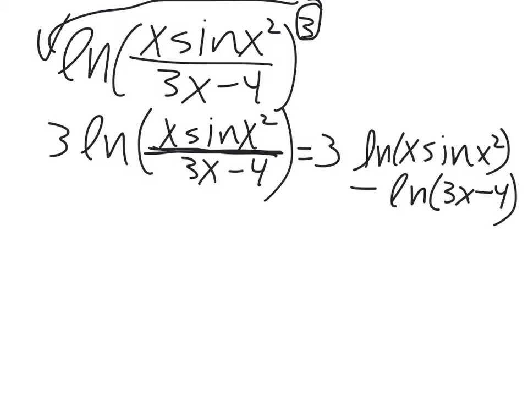Now, one thing you have to be very careful with: that 3 out in front needs to be multiplied by the whole thing. Okay, so don't lose that.